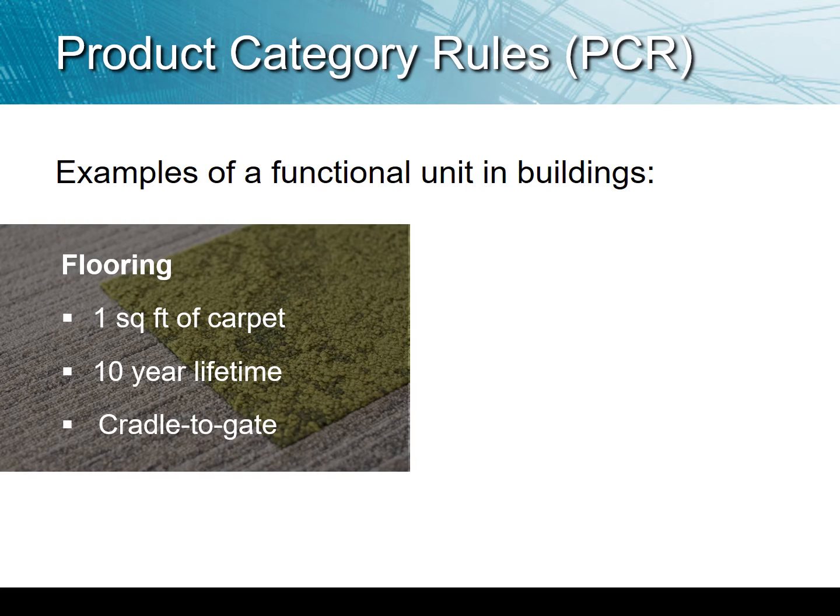We would want to compare that to something like, say, hardwood floor. We would also want to look at 1 square foot of hardwood for its lifetime from cradle to gate. Now, if the lifetime of hardwood is longer, then that factors into the overall environmental impacts as well, because we know that carpet would need to be replaced more frequently.